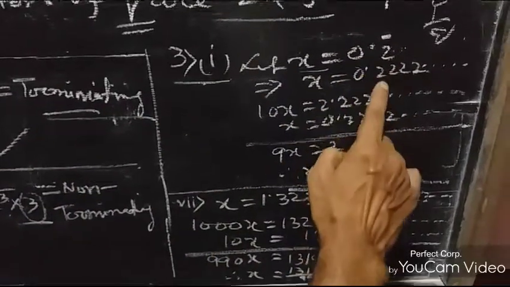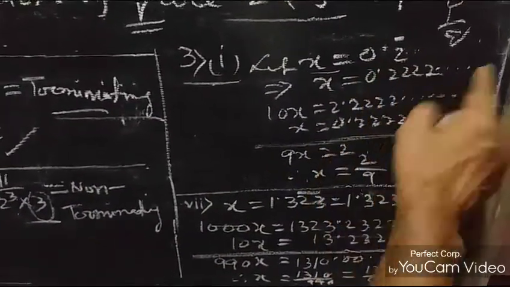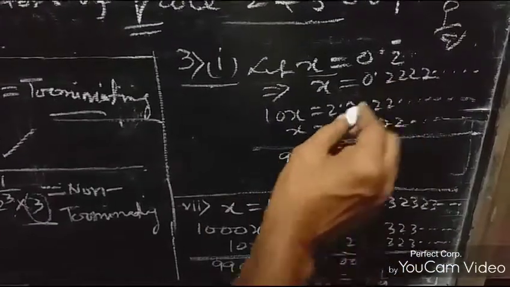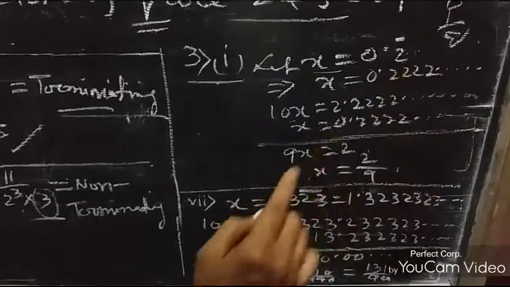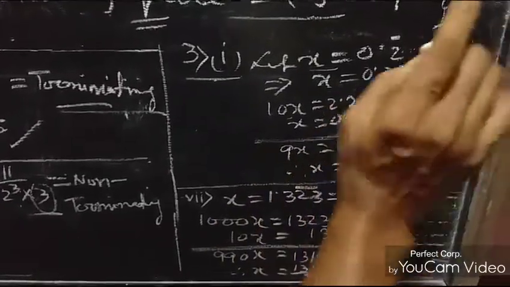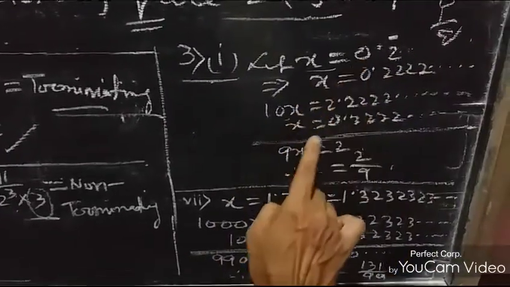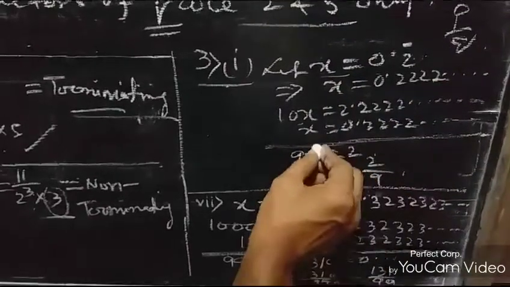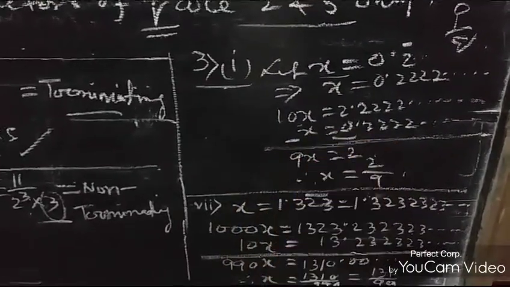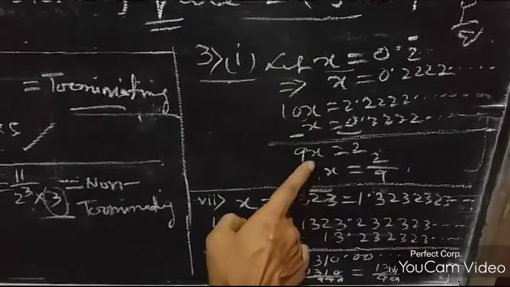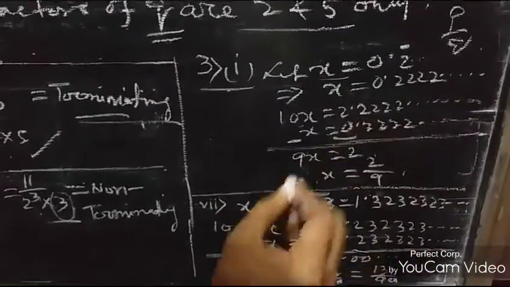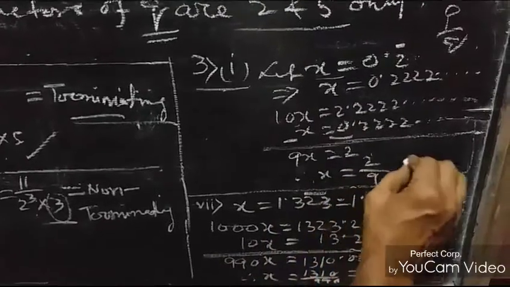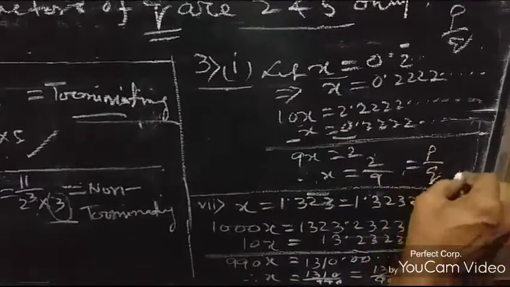That is 0.2222 up to infinity. Now multiply this by 10, so it becomes 2.2222. And x we already know. If you subtract, it will be 9x, and the decimal part will be 0. So this is coming 2. So x will be 2 by 9, which is in the p by q form, the required one.